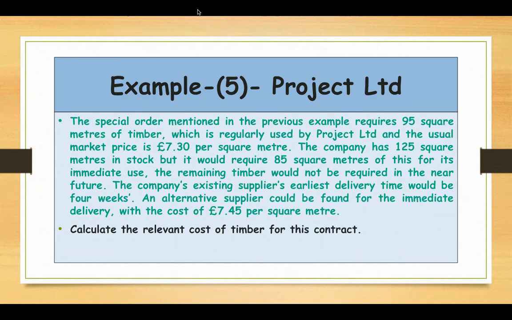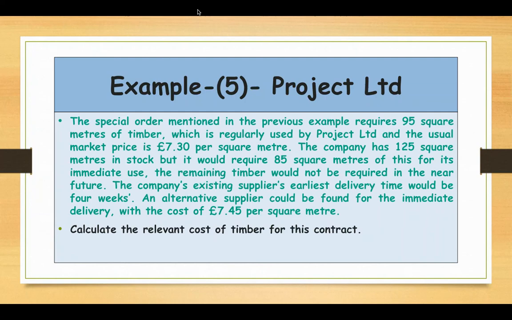Calculate the relevant cost of timber for this contract. Now, the company, as I mentioned before, can use the remaining timber, which is 125 square meters take away the 85 square meters, which is the 40 square meters of timber in stock, for this special order.